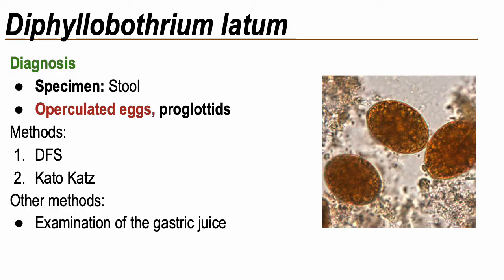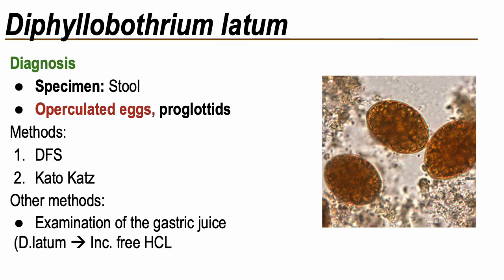So here they produce hyperchromic megaloblastic anemia. So the red blood cells are similar in terms of morphology for these two infections. So in order for us to differentiate them and not to confuse them, we can extract the gastric juice.